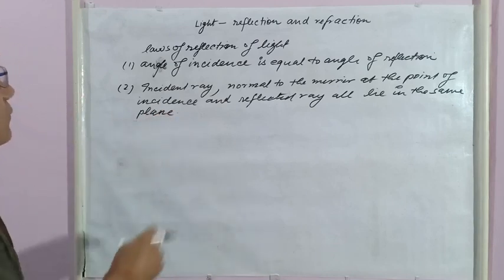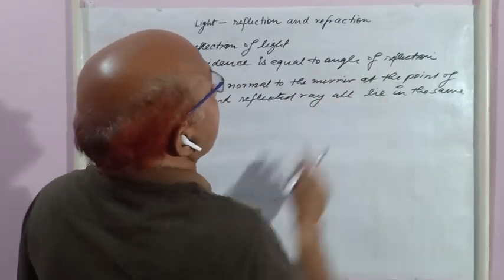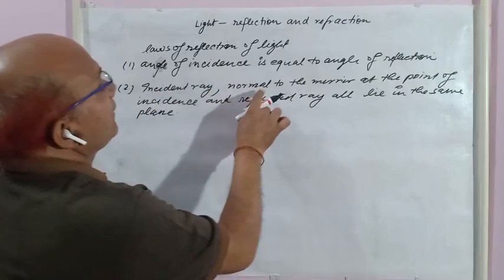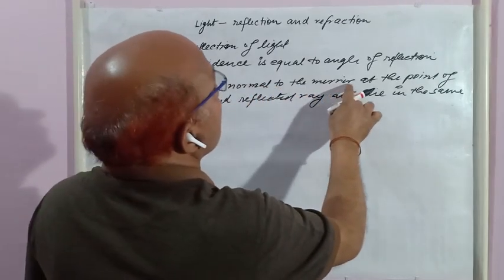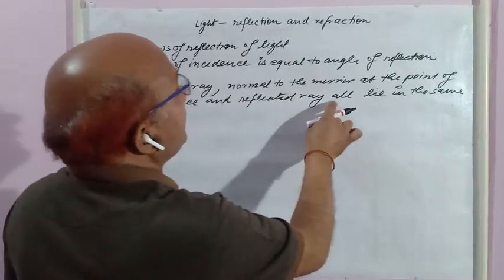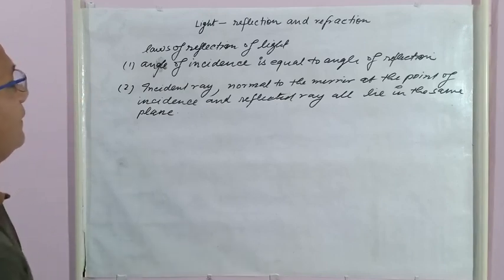Now there are two laws. Angle of incidence is equal to angle of reflection. Number two, incident ray, normal to the mirror at the point of incidence, and reflected ray all lie in the same plane.